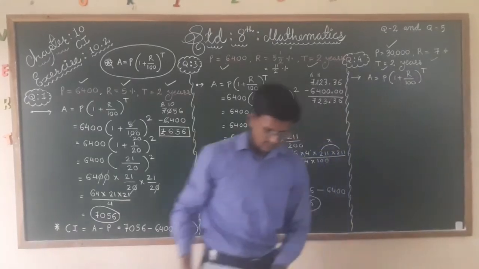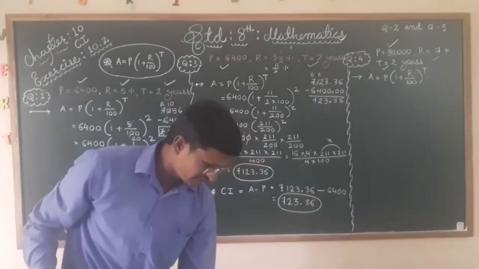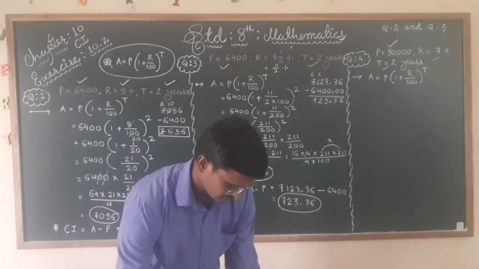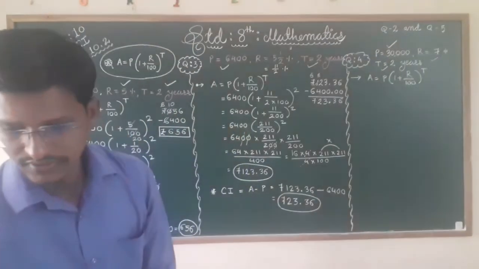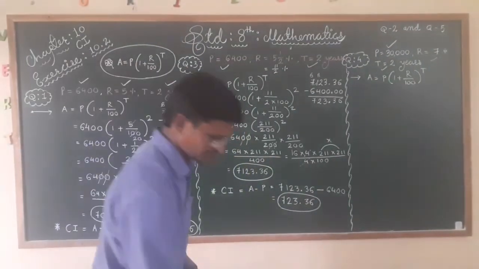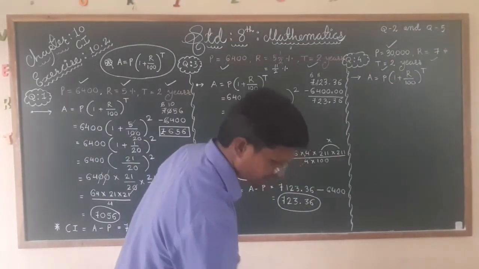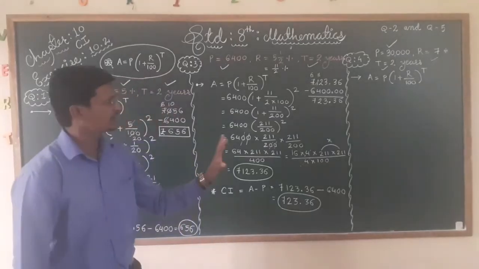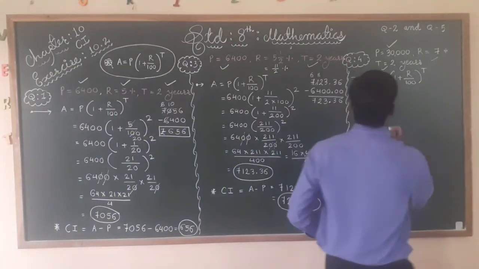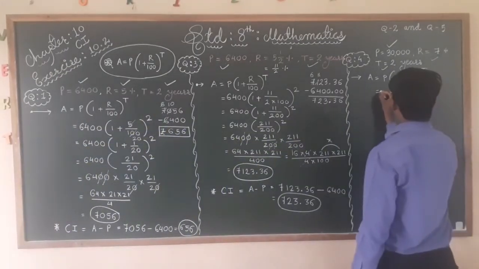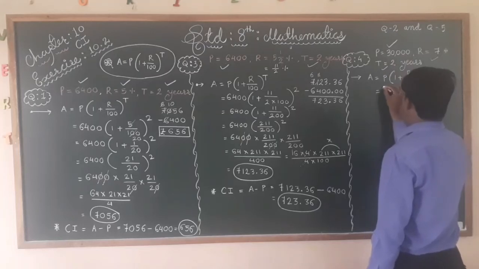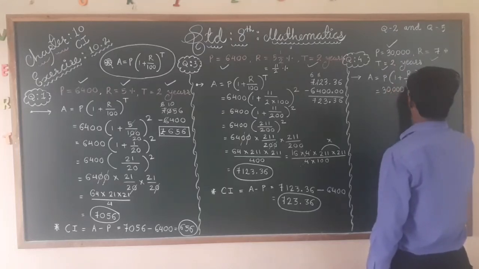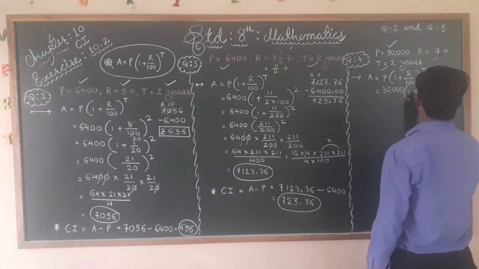So rate is 7%. So here it's very easy to find it out, the direct amount. Here we don't have to find the compound interest, direct amount we will find out. So here what we will do, by keeping the value, principal is 30,000, 1 plus R is what?